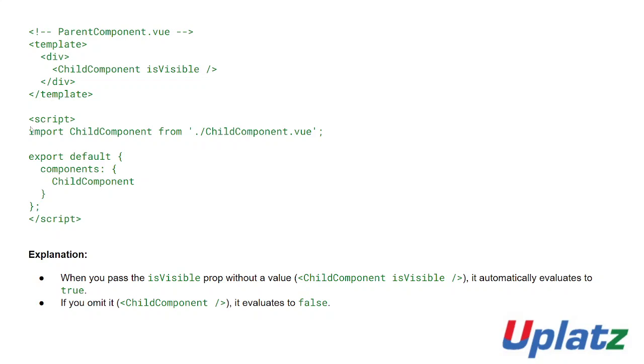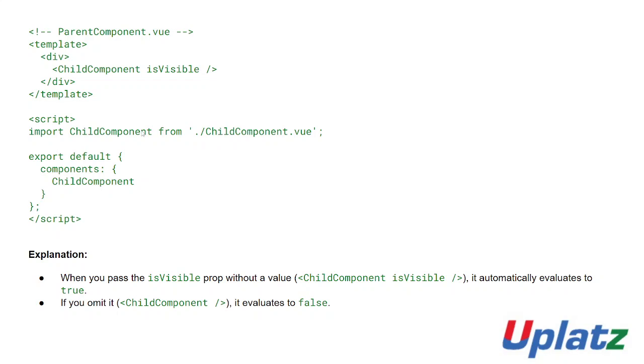Script tag, import child component from within quotes ./child component.vue, semicolon, and export default. Then the components property, which has an object, child component.